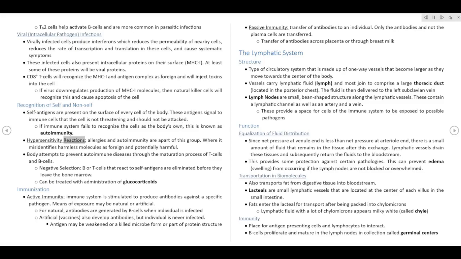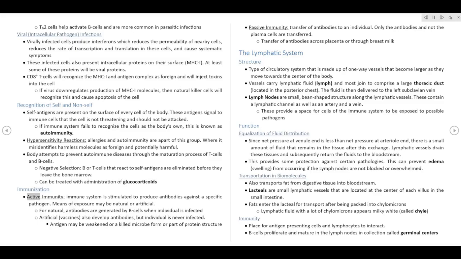Hypersensitivity reactions, allergies, and autoimmunity are a part of this group, where the body misidentifies harmless molecules as foreign and potentially harmful. The body attempts to prevent autoimmune diseases through the maturation process of T cells and B cells. Negative selection: B or T cells that react to self-antigens are eliminated before they leave the bone marrow. Autoimmunity can be treated with administration of glucocorticoids.